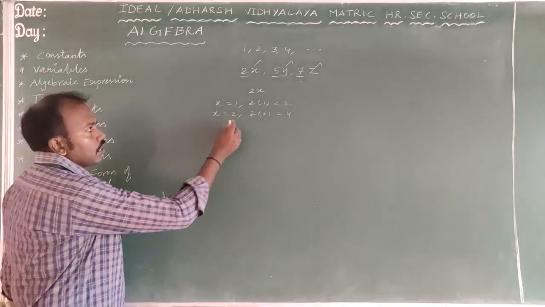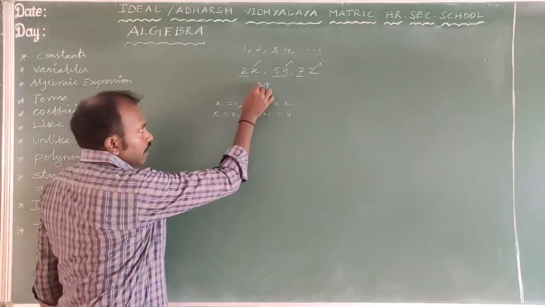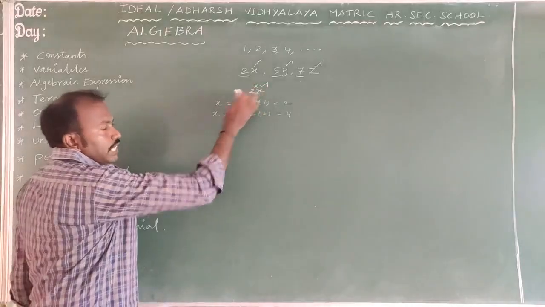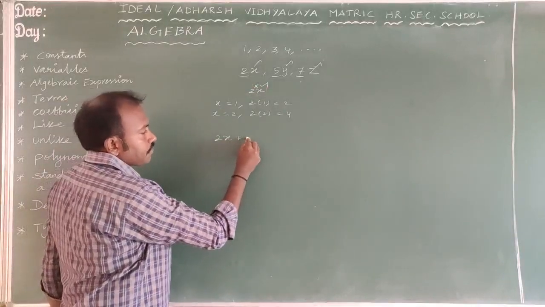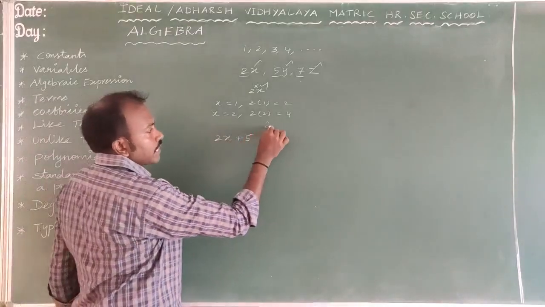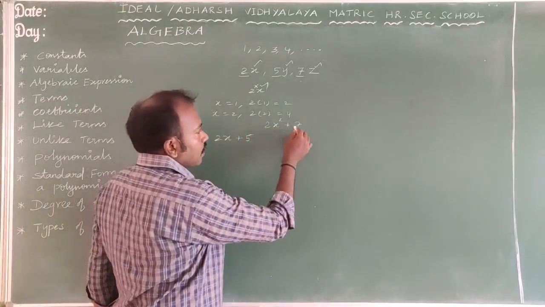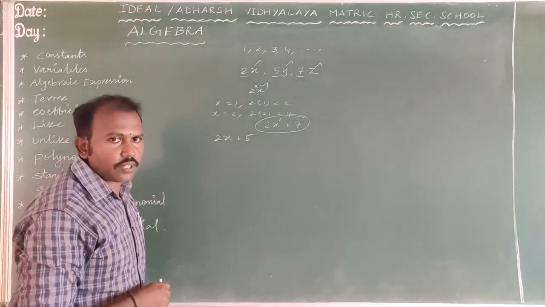For example, 2x is an algebraic expression because it is 2 into x, so multiplication will come. Next, 2x plus 5, this is also an algebraic expression. Then 2x squared plus 7, this is also an algebraic expression.